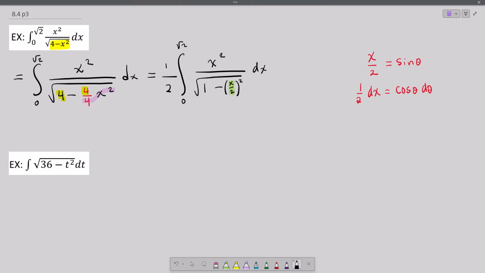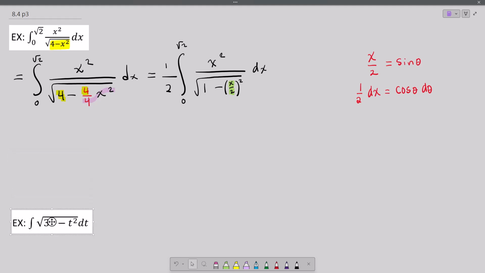You can do a couple of things with this substitution. Maybe you see that there is already a 1/2 and a dx, so 1/2 dx. So those two yellow pieces can turn into cosine of theta d theta.